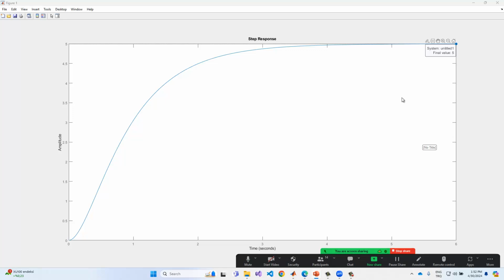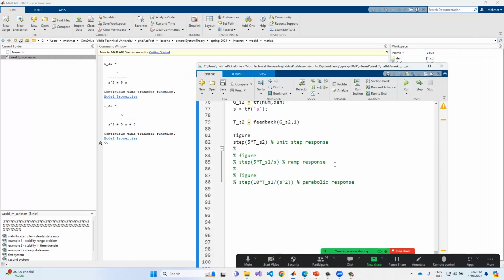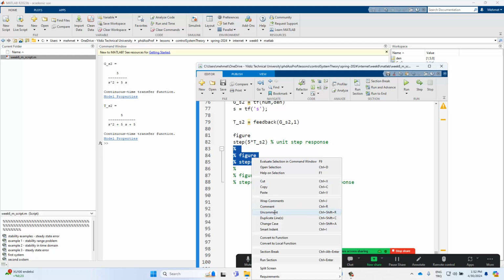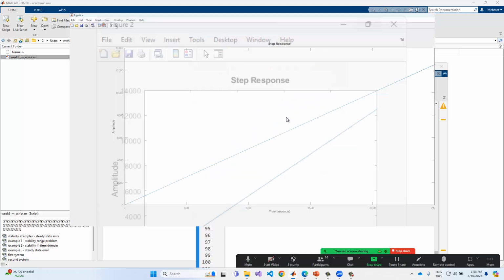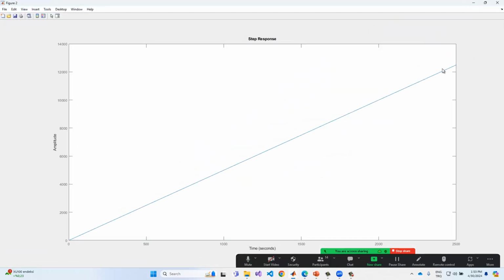How can we measure these terms in here? And so, if I remove the comments in here, just like this one, the TS2, okay? And so if I run this code again, and then we will have this kind of signal. But just remember that this signal also goes to the infinity value, right? But this is applied with the ramp signal, which means that the characteristic steady state values is going to what? The final value is going to infinity at this time.